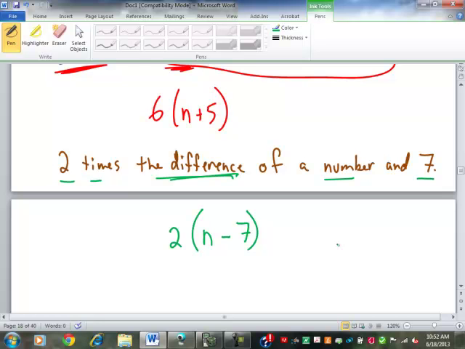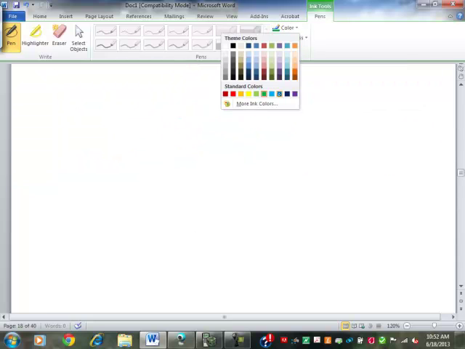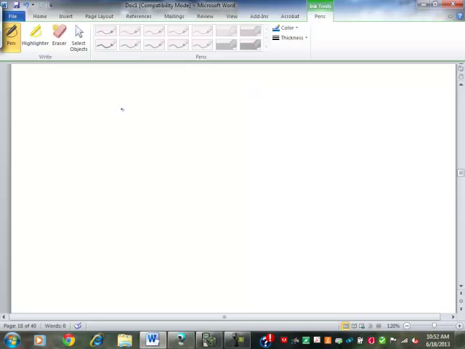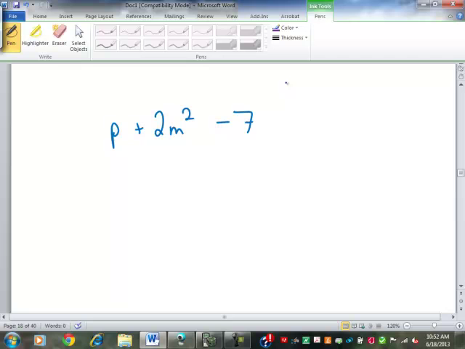Some of the other things we can do with these variables. We can have an expression. Let's say that we know our annual sales generally take the form of P plus 2M squared minus 7, where P is a base sales number, M is the foot traffic, the number of people that walk past our business on a given day.